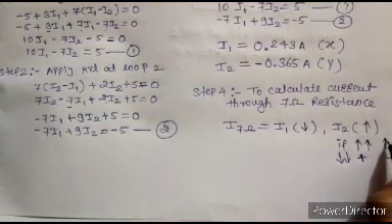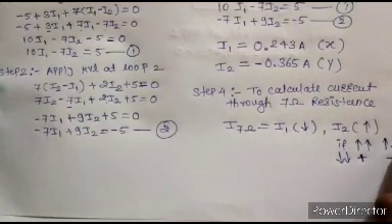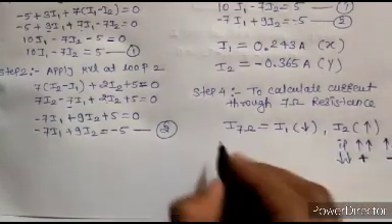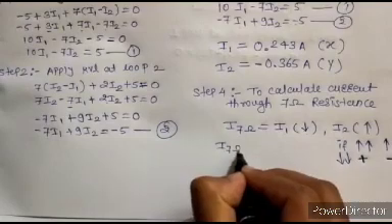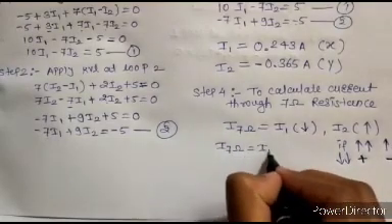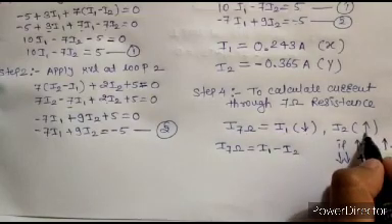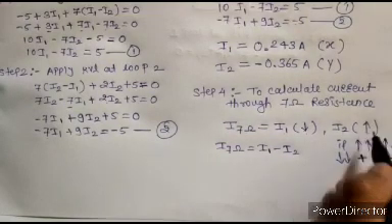If one current flows in the upward direction and the other in the downward direction, take it as a minus. So the current in the 7 ohm resistance is I1 minus I2 because these two arrows are opposite in direction.